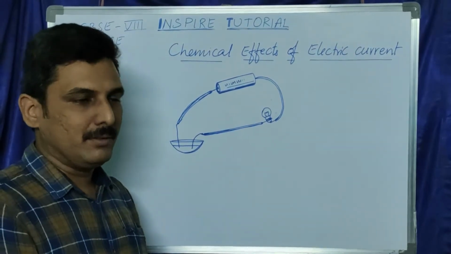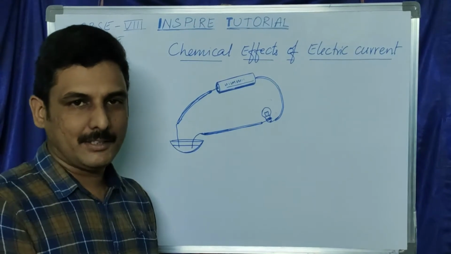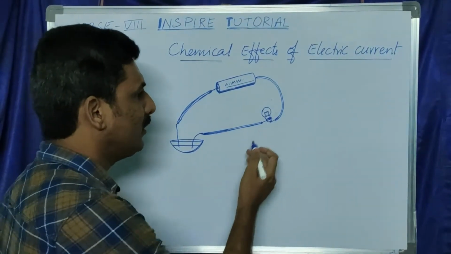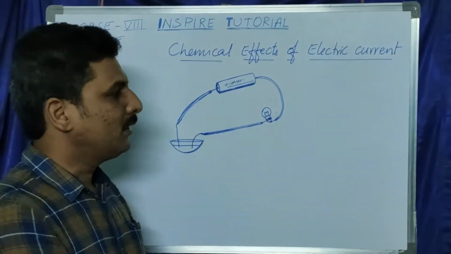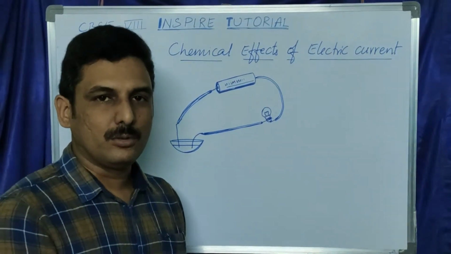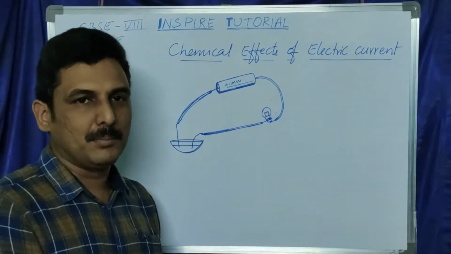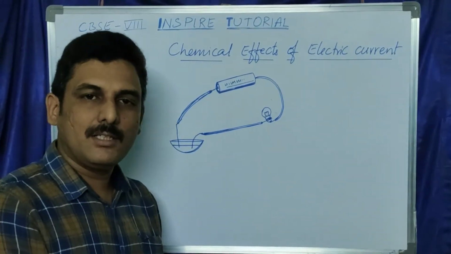But sometimes the liquid is a poor conductor of electric current. You may not see the bulb glowing because that weak current is not sufficient to glow the bulb. So in that case, we use an LED bulb, meaning light emitting diode.